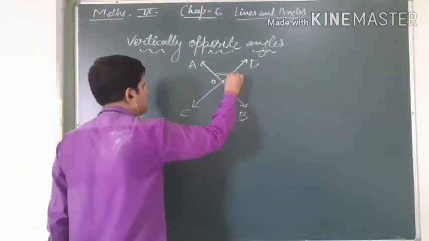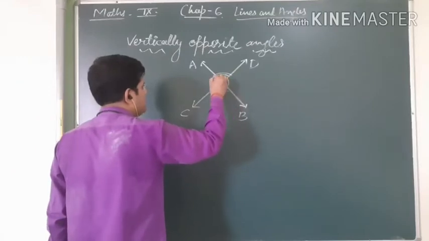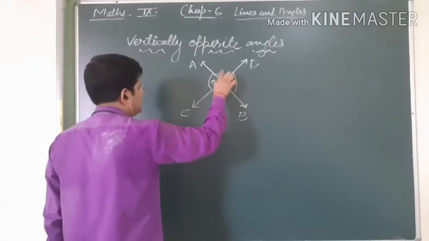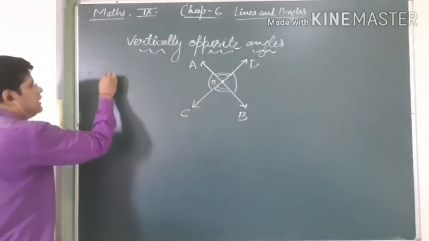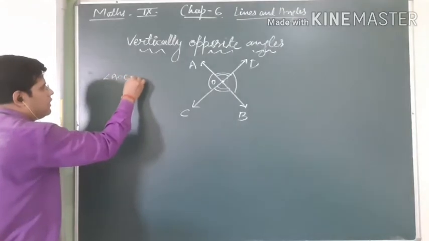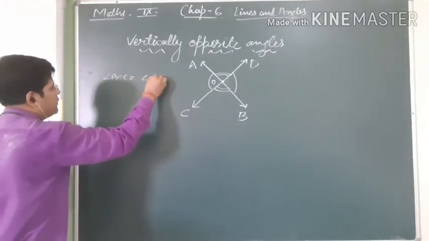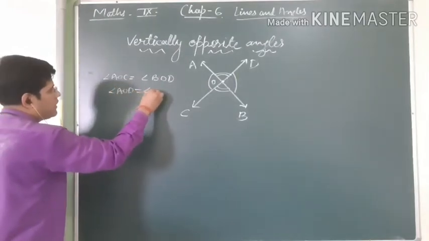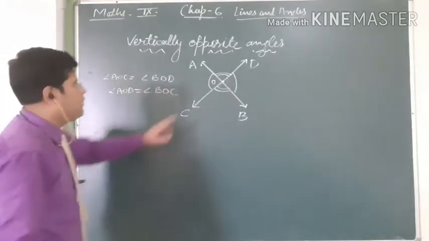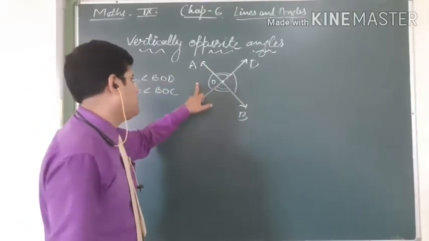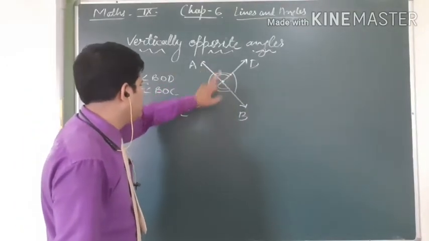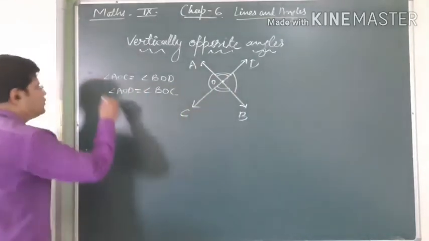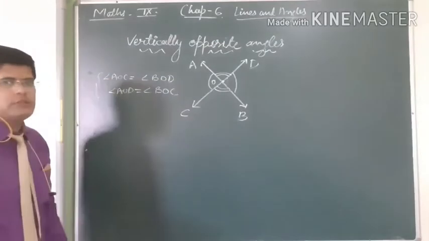The opposite angles are equal. A single sign is equal to a single sign and a double sign is equal to a double sign. It means angle AOC is equal to angle BOD, and angle AOD is equal to angle BOC. So these are two pairs of vertically opposite angles.